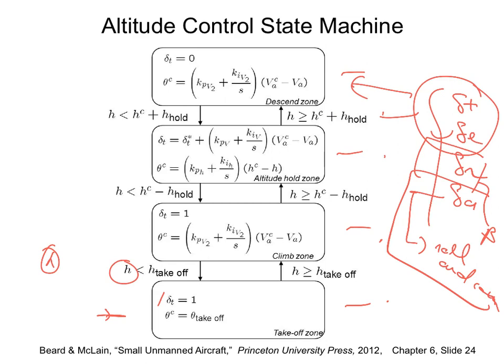When you are in the takeoff zone, you choose the delta t output equal to 1. That means full throttle, and you want to take off at a desired pitch angle.